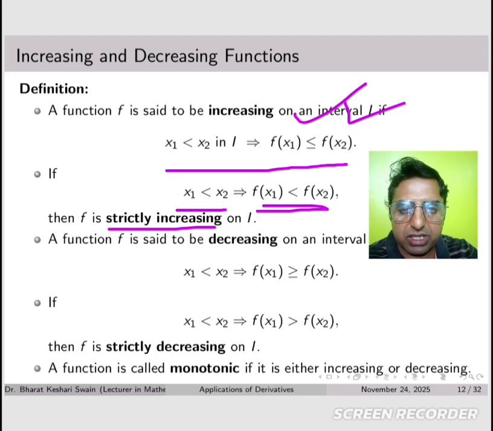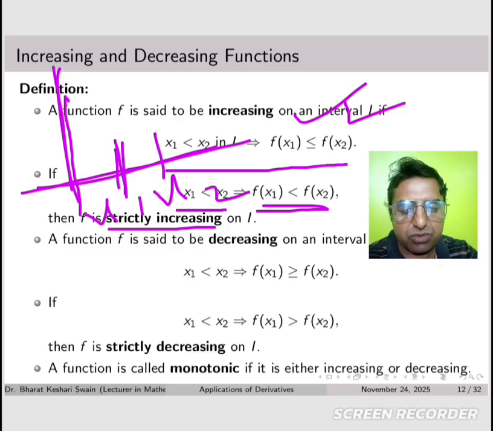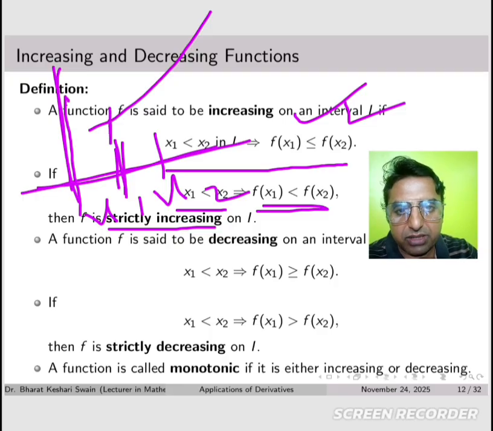Okay, so how can it be defined in the graph? Suppose this is x1 and this is x2, and here is the graph. So you can check here, this is your f(x1), this is your f(x2).